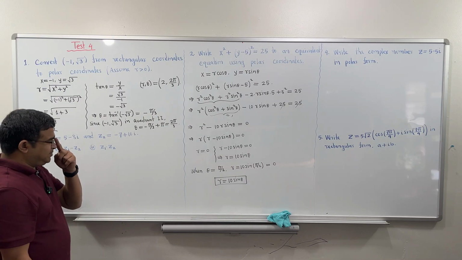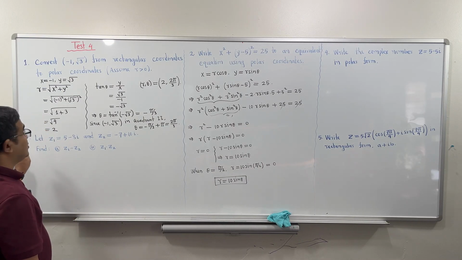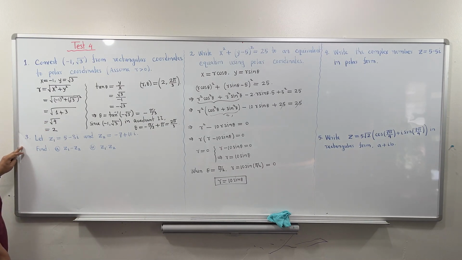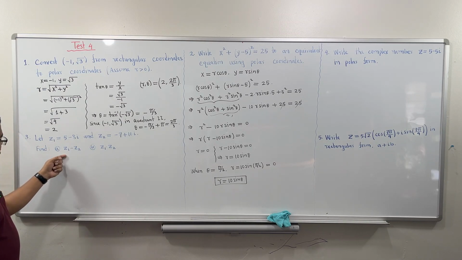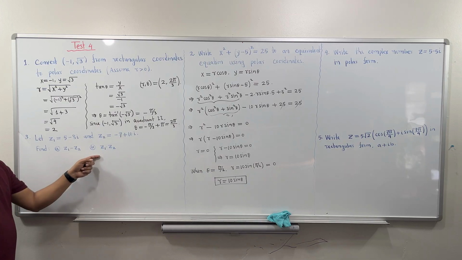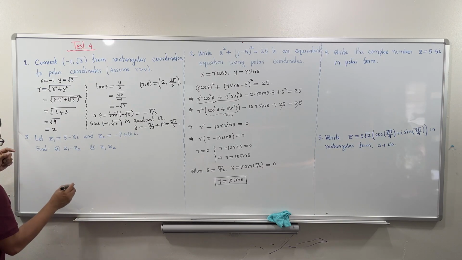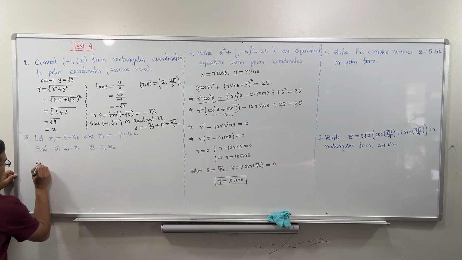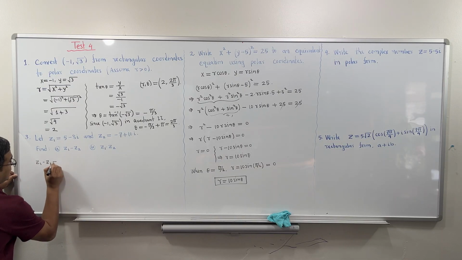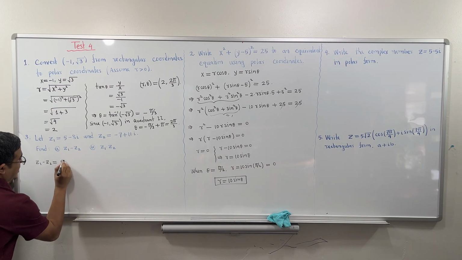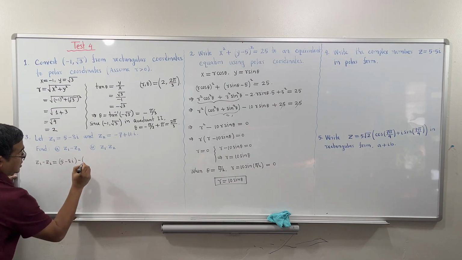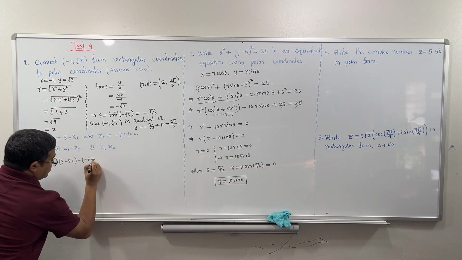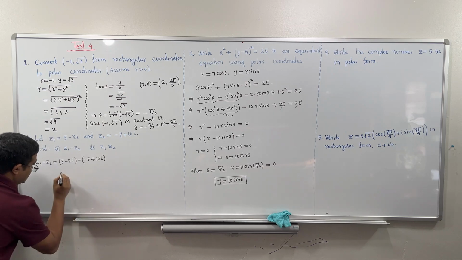Now for number 3, we have two complex numbers z1 and z2. We need to find the difference, also the product. So to find the difference, z1 minus z2 is 5 minus 8i minus (-7 plus 10i).